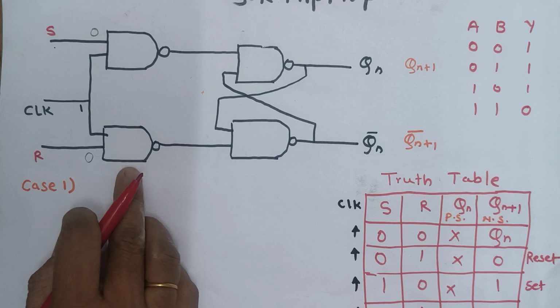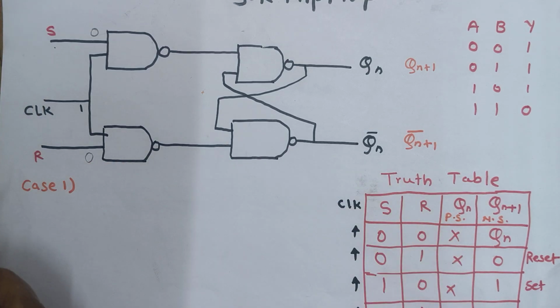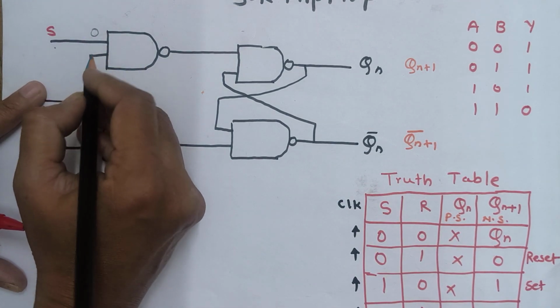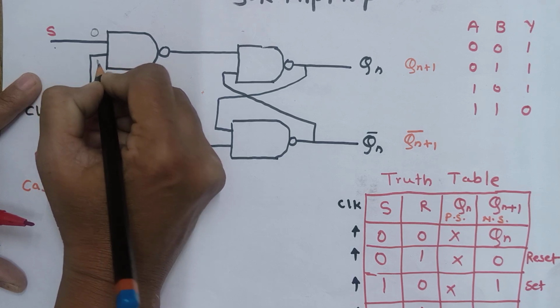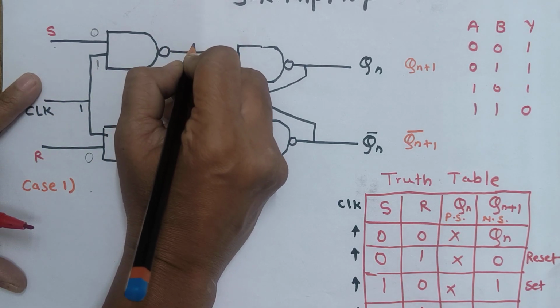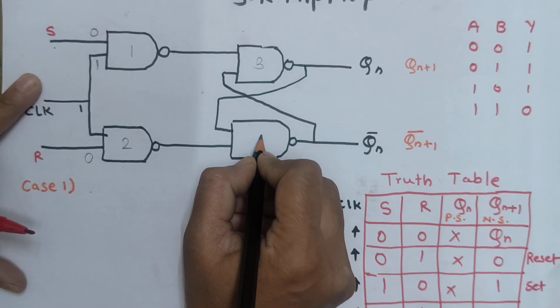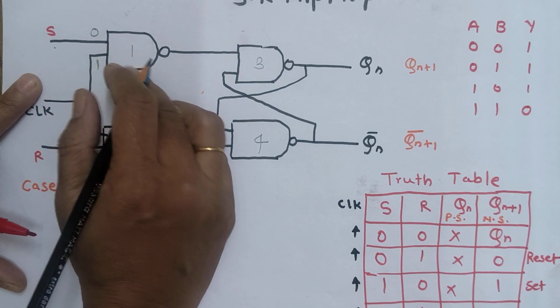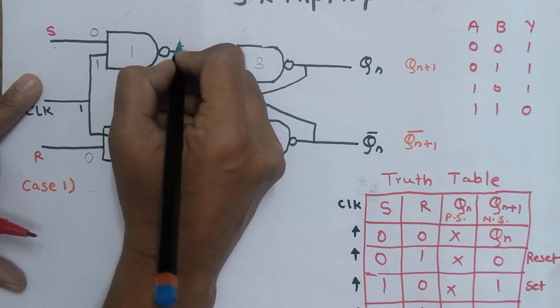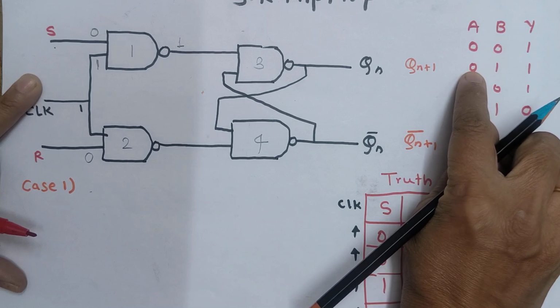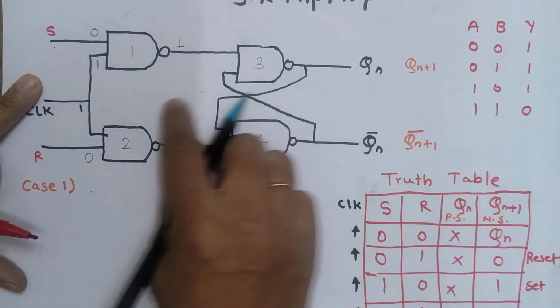So here we can see S is 0, and the clock we are getting is 1. So what will be the output for the first, second, third and fourth NAND gates? The first NAND gate output will become 1, because if any one input of the NAND gate is equal to 0, the output will become 1.